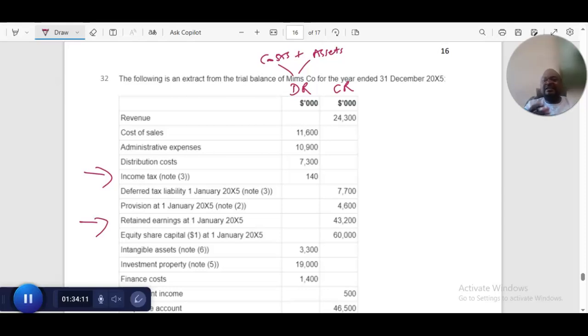The assets, all those things, are recognized in the debit. And the credit, these ones, we are talking of revenue. We're also talking of liabilities. We're also talking of incomes. All those ones, we did cover those things previously in our previous papers.